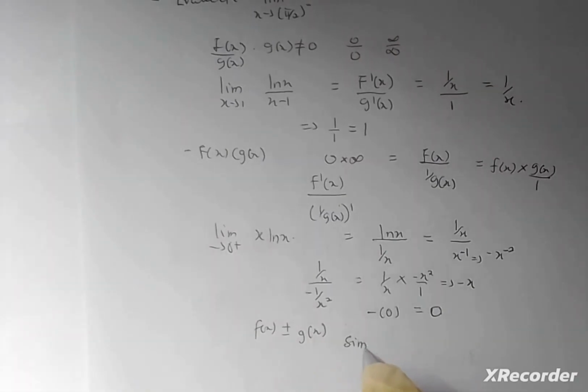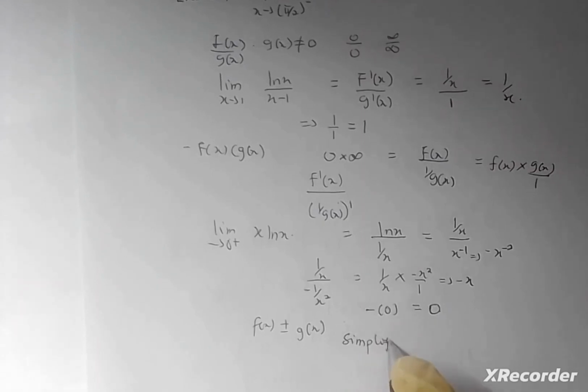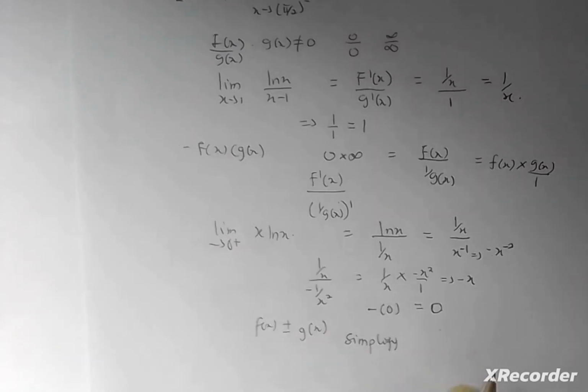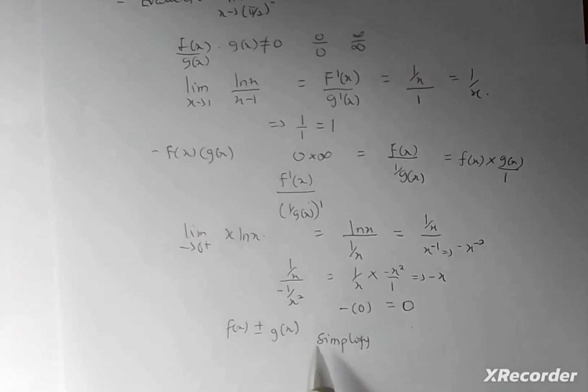The word is simplify. Simplify this expression to get a quotient. L'Hopital's rule is interested in quotients, so always make sure you simplify to get a quotient, then you differentiate the numerator, then you differentiate the denominator, then you apply your limit value. So here you have to make sure that you modify this, then you get a quotient.